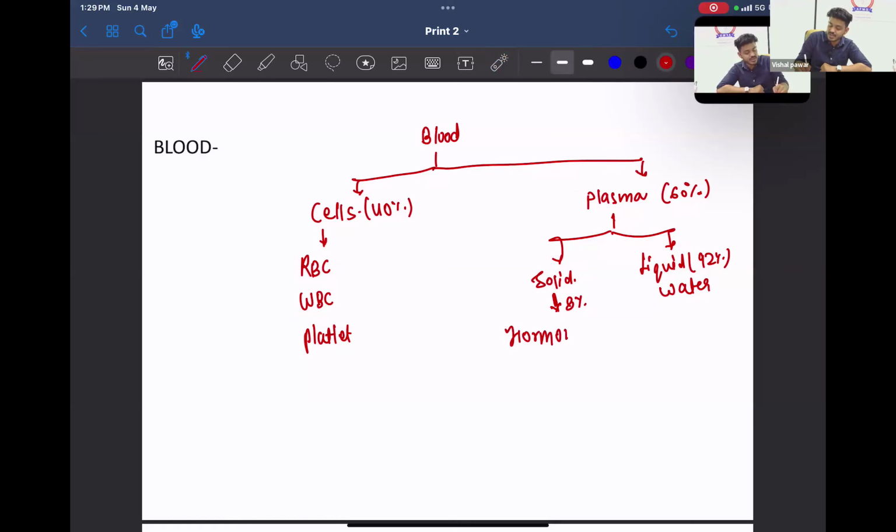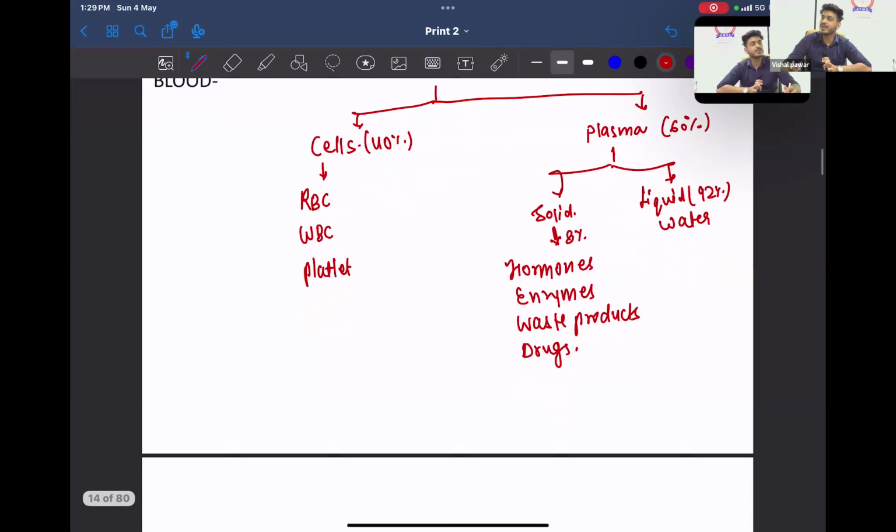Those solids have hormones, all the enzymes present in the blood, all the waste products, all the drugs you have taken, and all the gases. Everything present in the blood should be in the solid part, inorganic and organic.